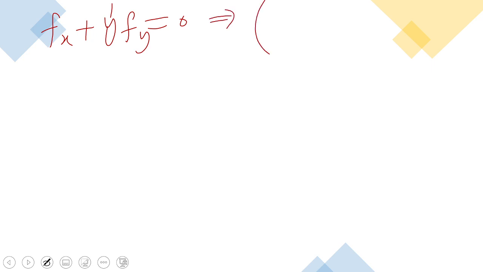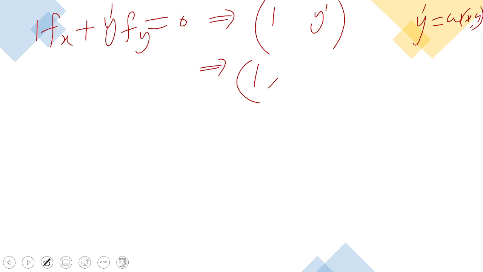The tangent vector is 1, and y dash, but this y dash will always be some function of x, y. So you will have the tangent vector 1, omega, always.